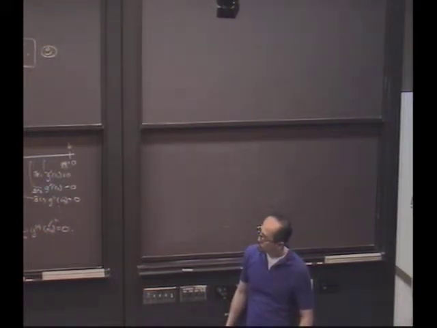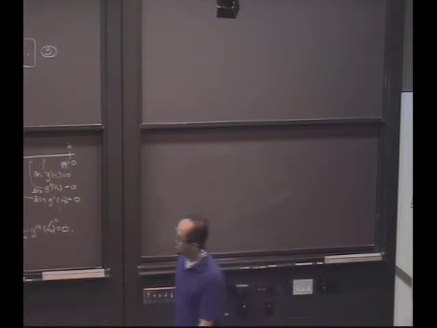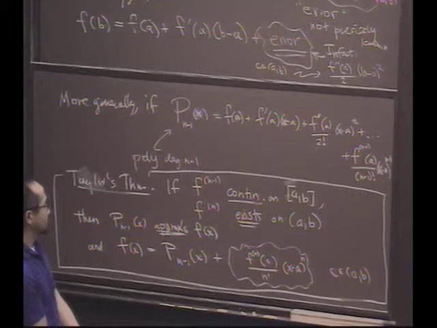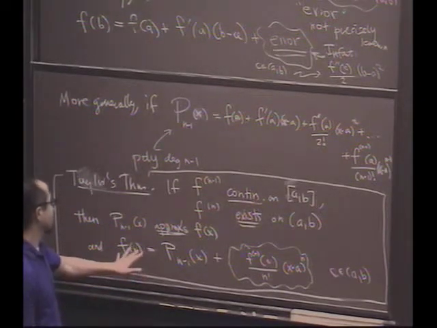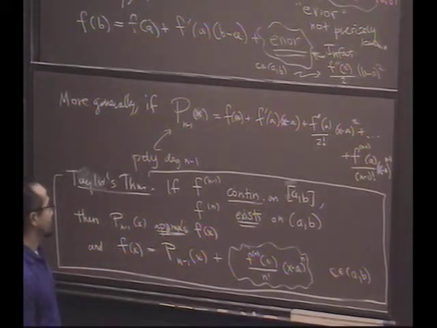I don't know. The way the theorem is stated, it seems like the c is fixed for all x, but doesn't the c change for each x? Let's see. So your question here is, c could depend on x. C could depend on the point x.